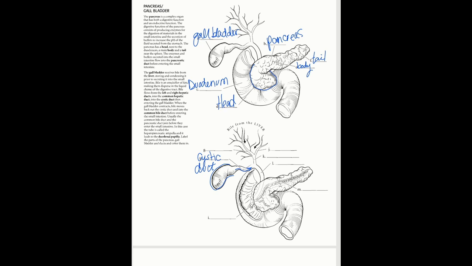And our hepatic duct actually has multiple branches. Well, we have our common hepatic, which is made by our right and left branches. This is our left hepatic, and our right hepatic.